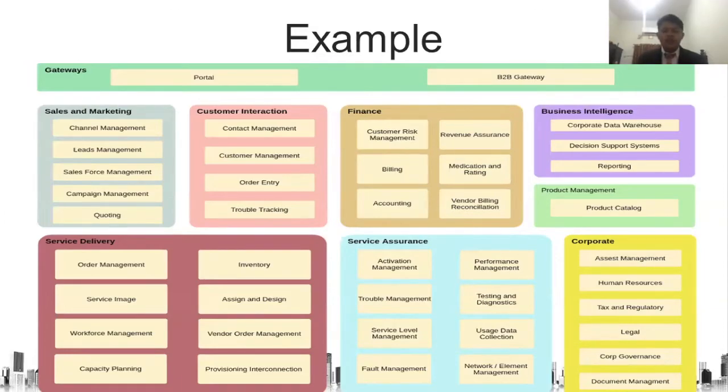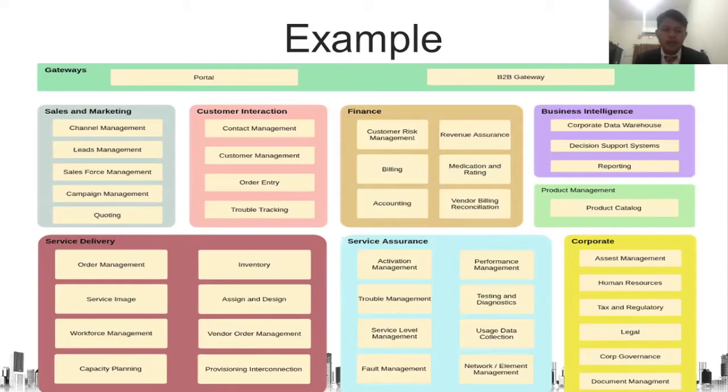We have multiple parts that are divided so they can work together: gateways, sales and marketing, customer interaction, finance, business intelligence, service delivery, service assurance, and corporate. All of these parts work together to keep the company running smoothly.